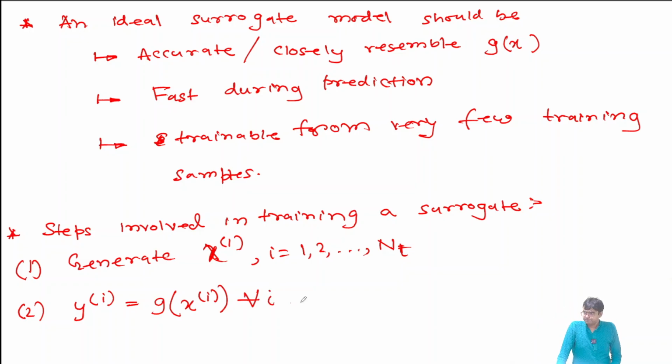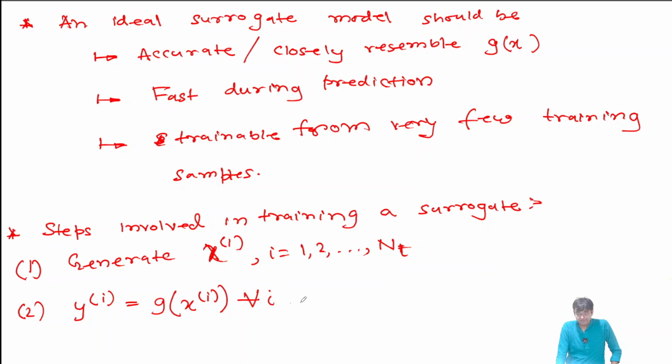Often the threshold in your limit state function is a constant, often, not always, but often. So if the threshold in your limit state function is constant, we often only train for the portion excluding the threshold. So if g of x_i is equal to some threshold minus g tilde of x_i, we will only train for the g tilde of x_i. Why? There is no specific reason, but your finite element solver is giving you that, and that is the reason.